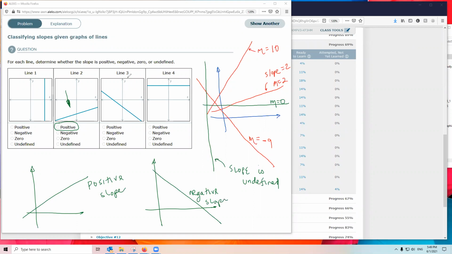So for this graph that's going downhill, this would be a negative slope. If a line is exactly horizontal like this line, its slope is 0. So a horizontal line has a slope 0. A vertical line has an undefined slope. All right, so that's the background on getting started with slopes.